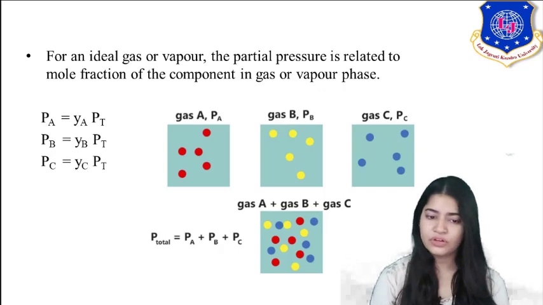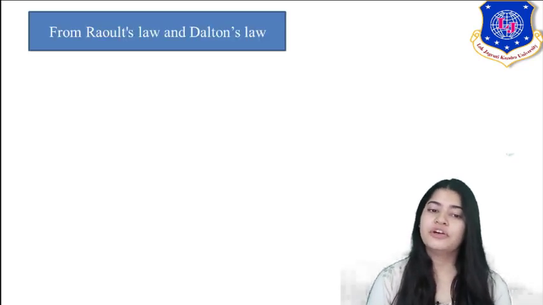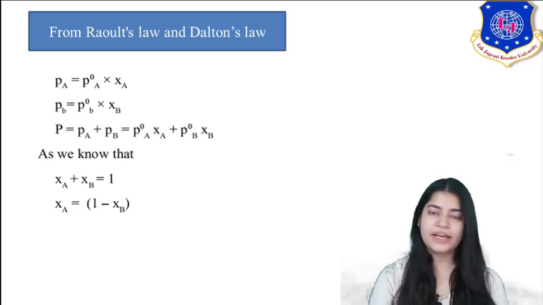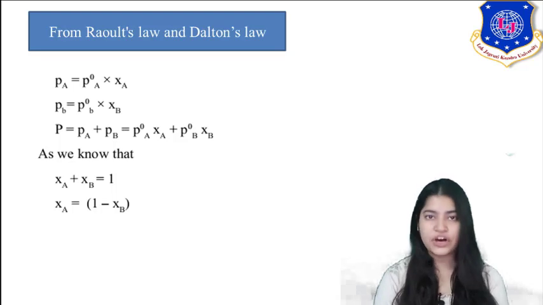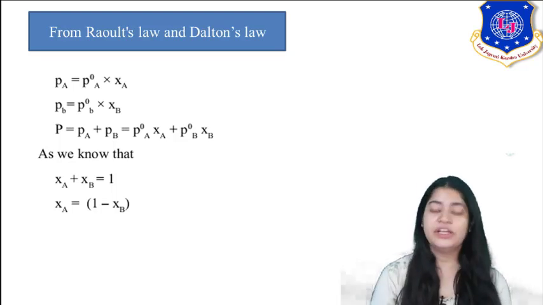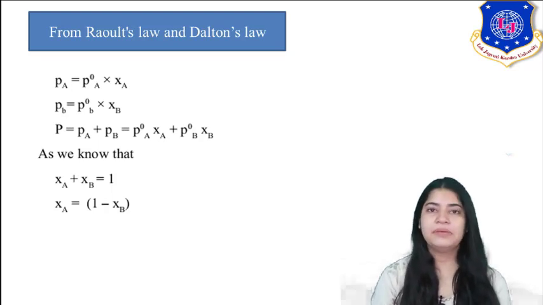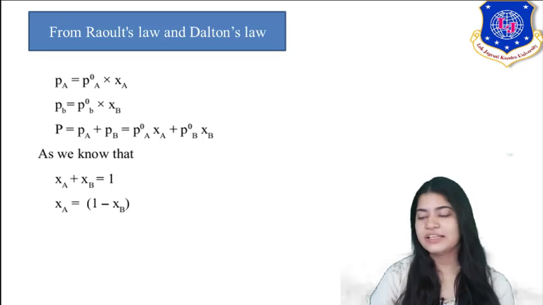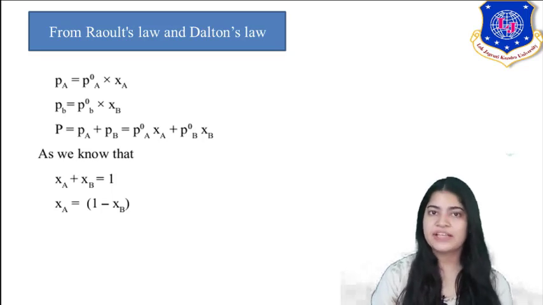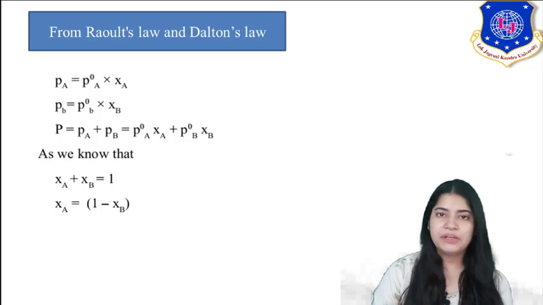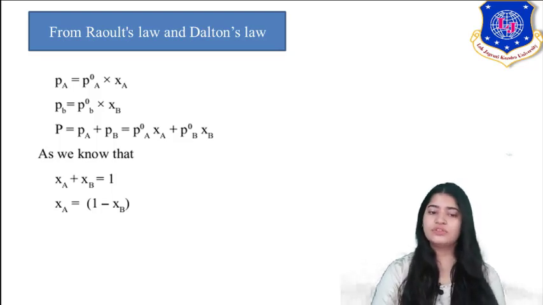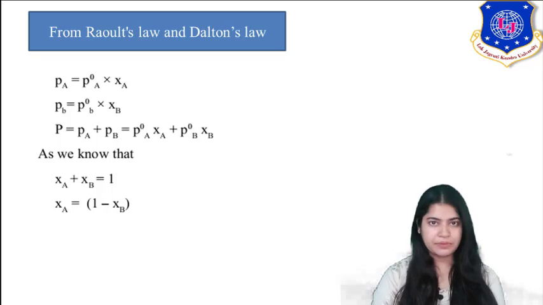So from Raoult's law and Dalton's law: in Raoult's law you saw the definition of partial pressure. It is the product of the liquid phase mole fraction and the vapor pressure of that component in the pure state. Last lecture I told you the vapor pressure is described as PA sat and PA0 also. So your partial pressure PA is the product of the liquid phase composition and the vapor pressure in the pure state.